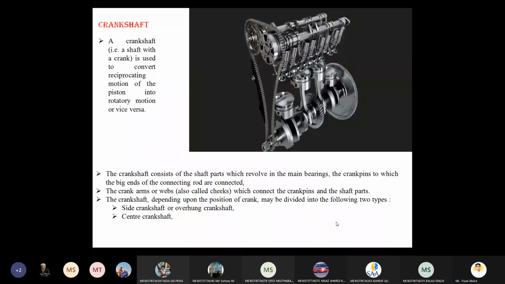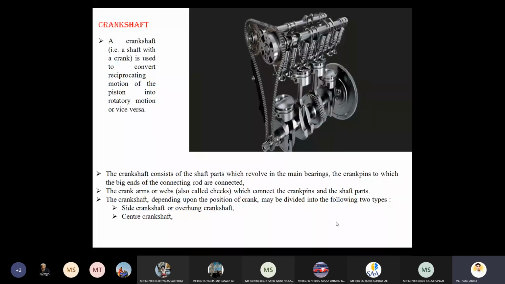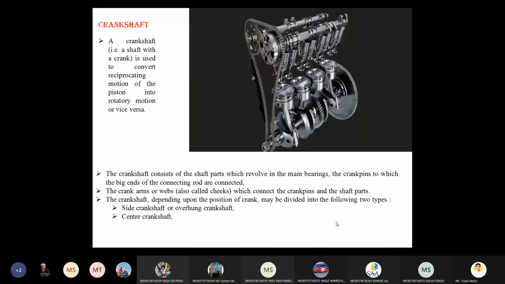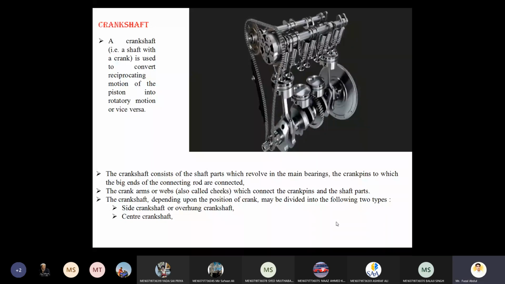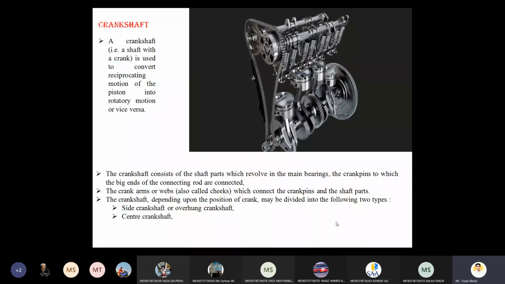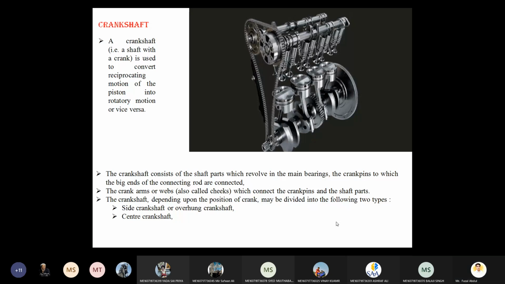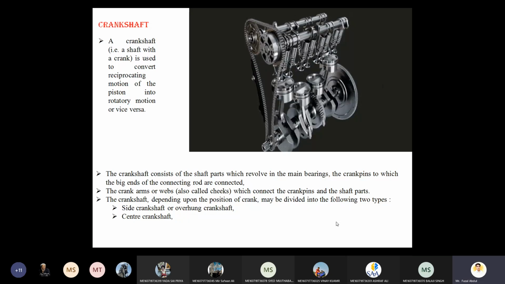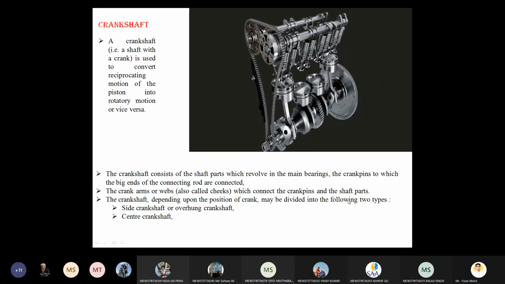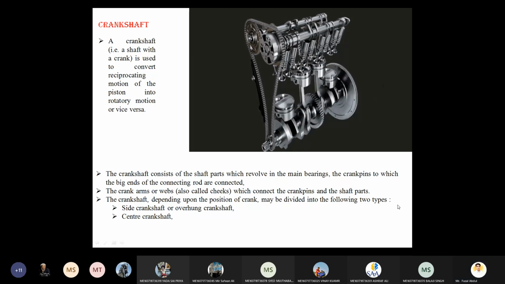Now here, the crankshaft consists of the parts that revolve in a main bearing, and the crank pin, to which the big end of the connecting rod is connected, and the crank arms or webs, also known as cheeks, which connect the crank pin and the crankshaft.